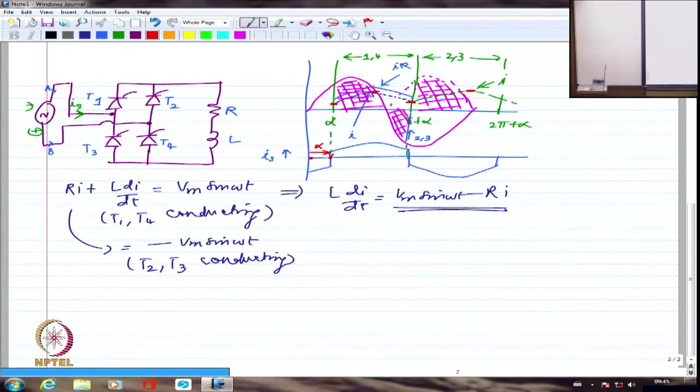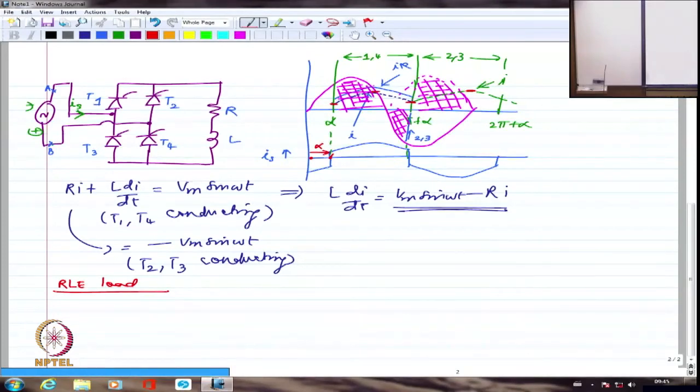Right? Now, if I have an RLE load, which is like a DC motor drive, for example, which is already running, it will have a back EMF.